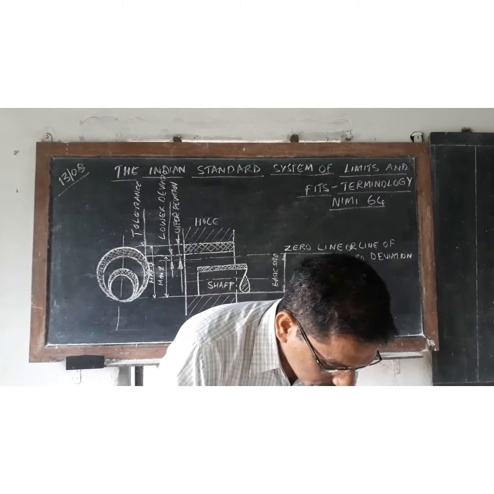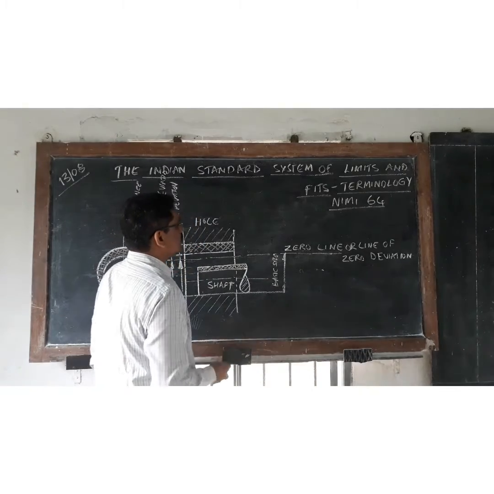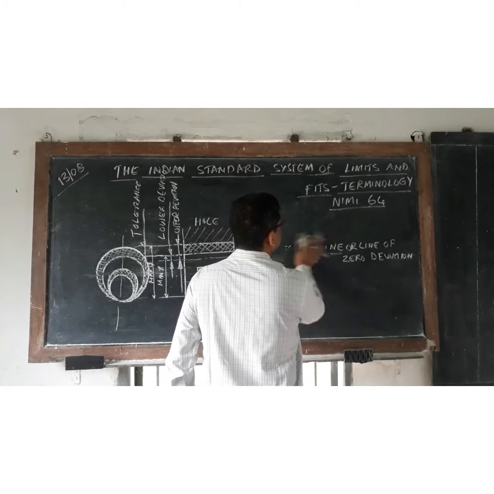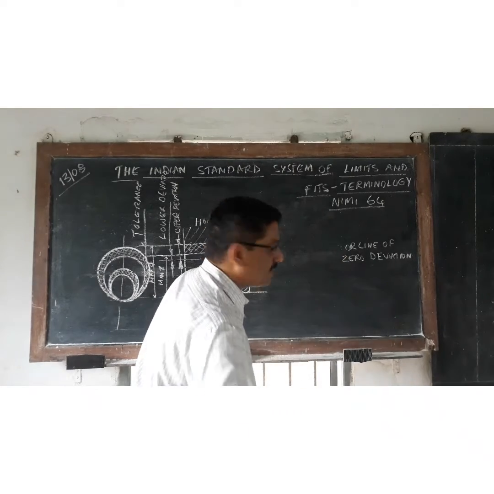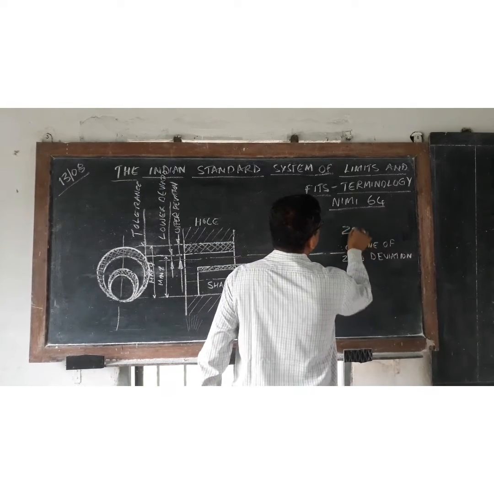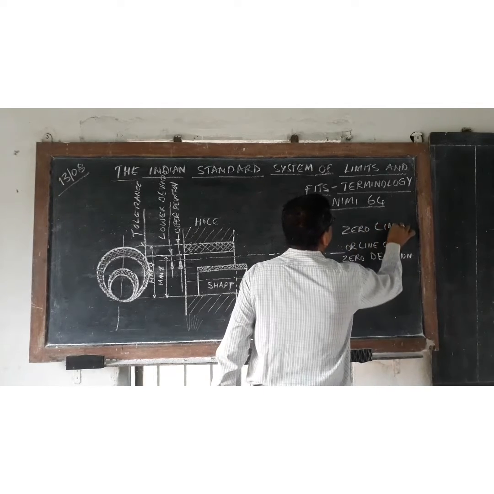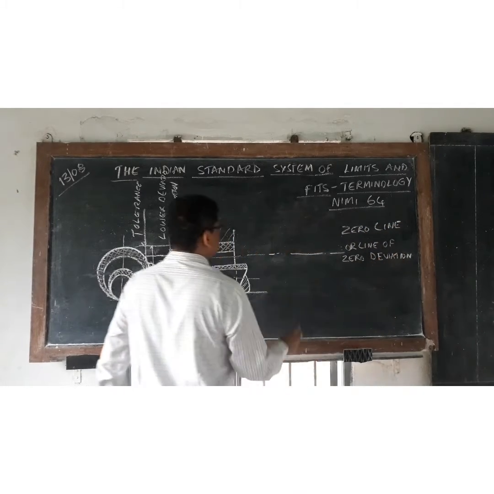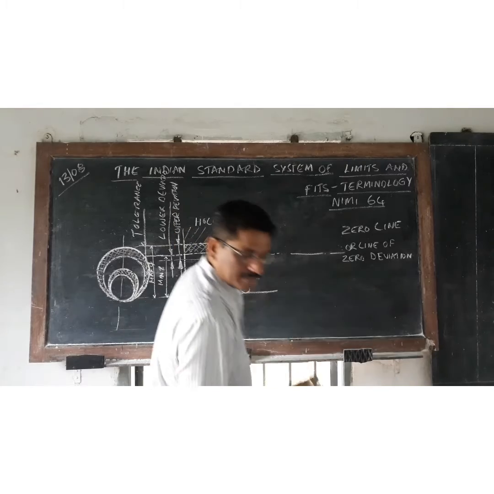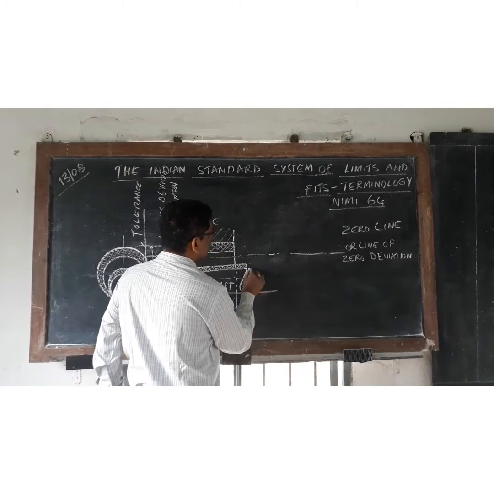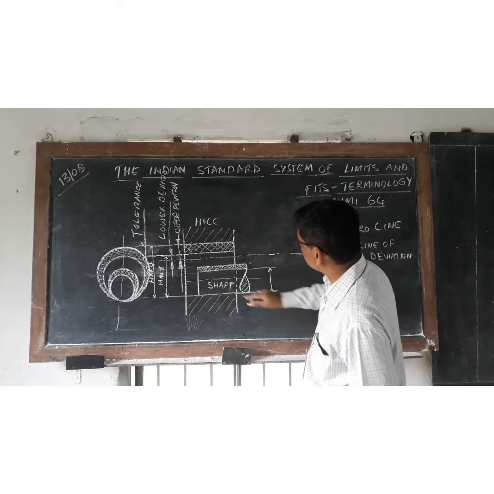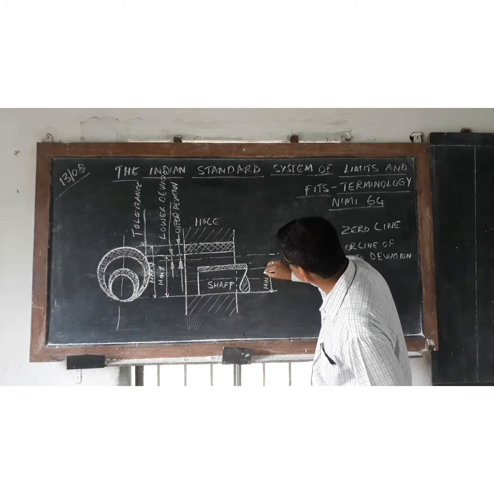Now about the shaft. The basic size I will write on this side. This is the zero line, or line of zero deviation. This one is the minimum diameter, this belongs to the shaft.